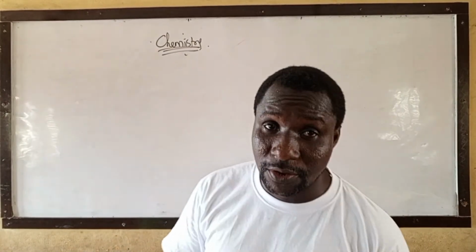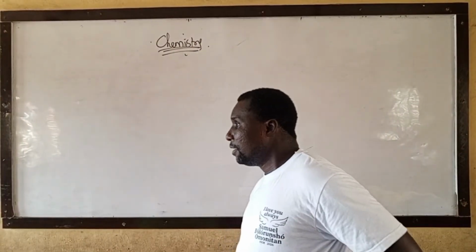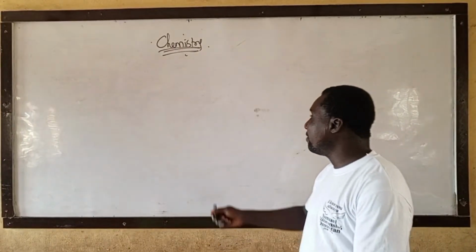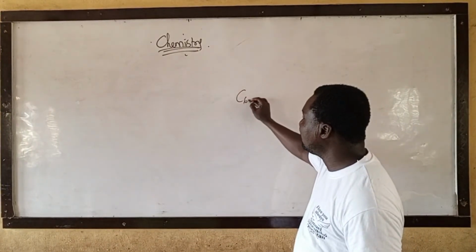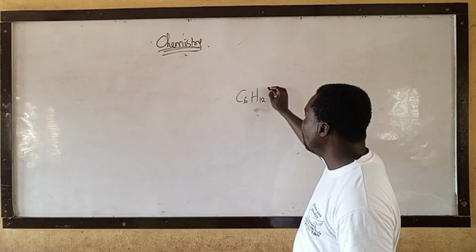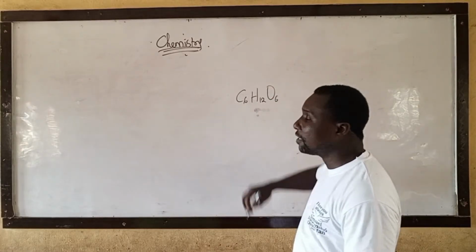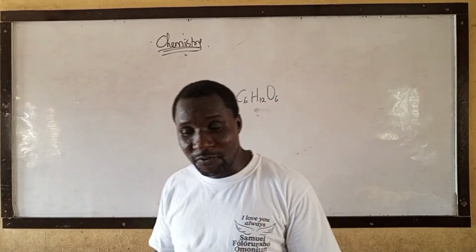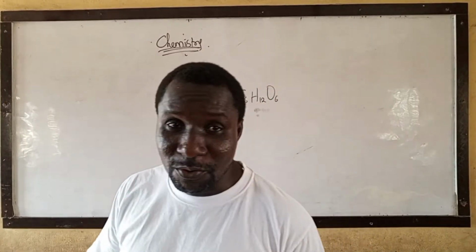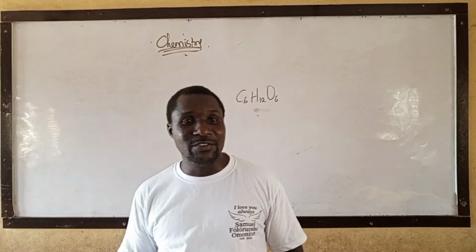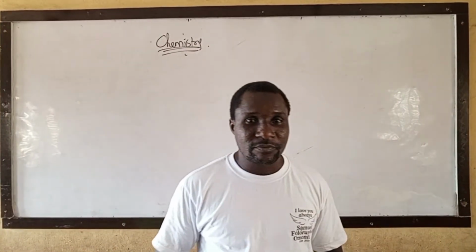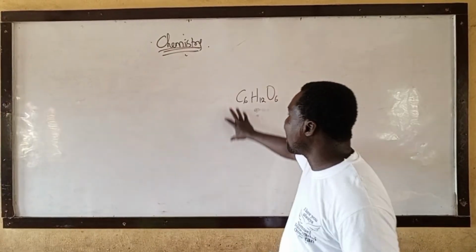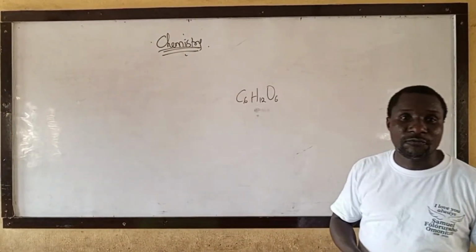Maybe the way you were taught in school. For example, if I write C6H12O6 and ask, what kind of compound is this? What type of compound? Some of you will be looking at, I don't know.